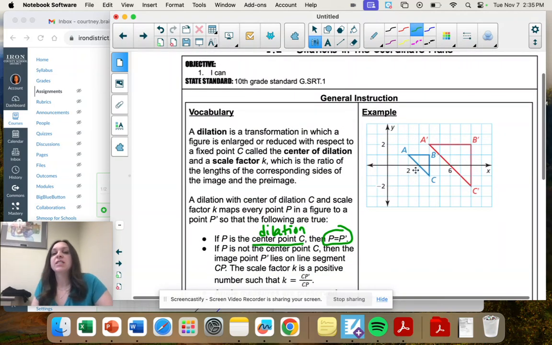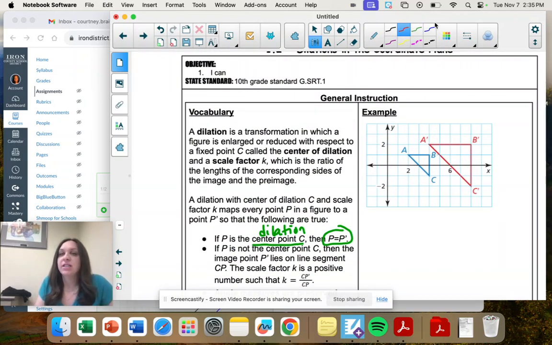So we're going to look at some examples here. Here's an example. We have a shape ABC, and we're dilating it to A prime, B prime, C prime. So if I wanted to find the center of dilation, you would actually draw lines along those edges like we talked about.